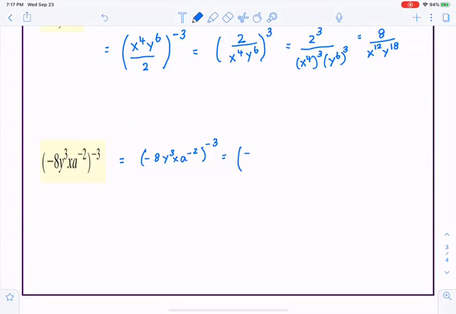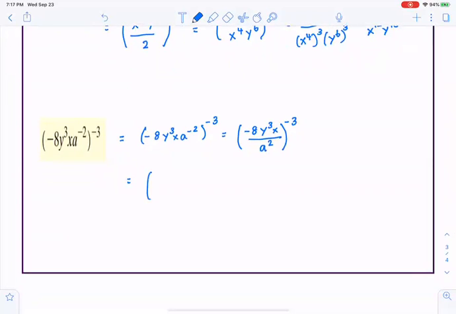So I have negative 8 y cubed x, move a raised negative 2 to the denominator. We have a raised positive 2, raise it to negative 3. So since we have a fraction raised to a negative exponent, we can simply flip the fraction and raise it to the positive exponent.